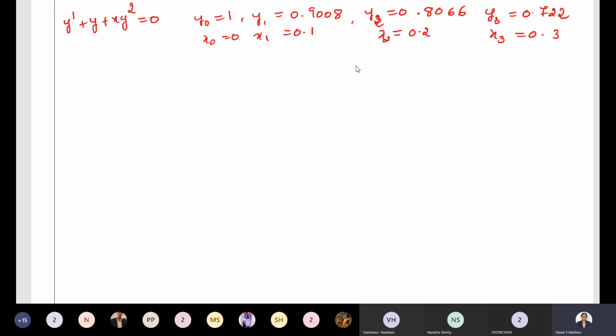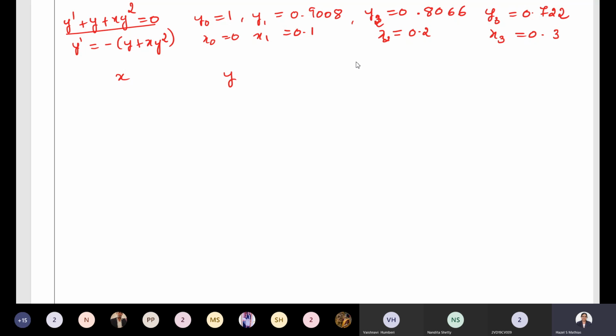Now they have specifically asked we have to find the solution of this differential equation using Adams-Bashforth predictor and corrector formula. So list out the things which are given to you all. First, make a column for x, then y, then y dash. See over here, what is y dash from this? Y dash will be equal to, take the terms to the other side, so it will be negative y minus xy square.